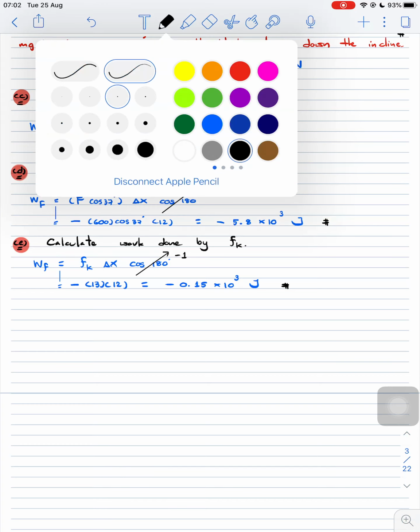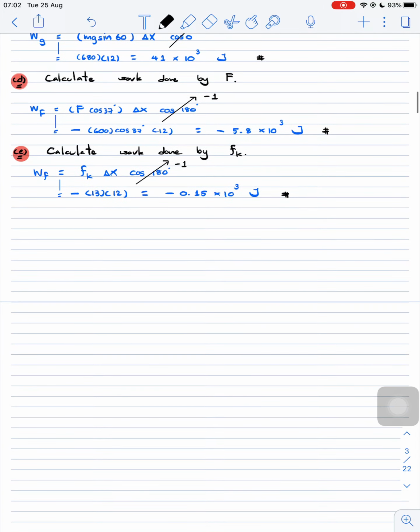Okay, now for the part F. Okay, so this means the work done by the resultant force.